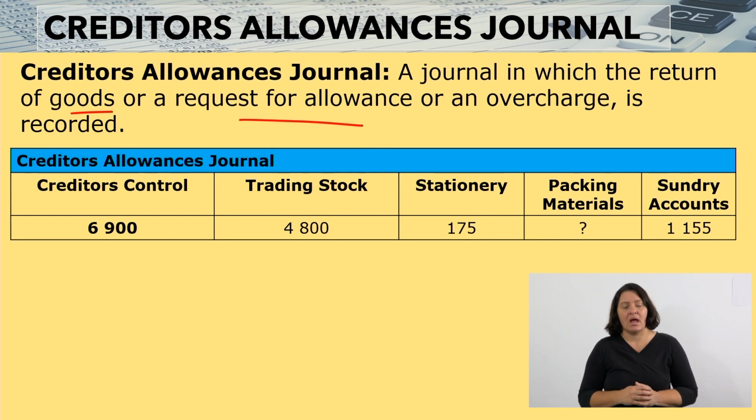This is our creditors allowance journal. The 6,900 is the total thereof, which includes your trading stock, 4,800, stationery 175, sundry accounts, as well as your packing material, which is the missing amount there. The question then is, how do we post from our creditors allowances journal to the creditors control?